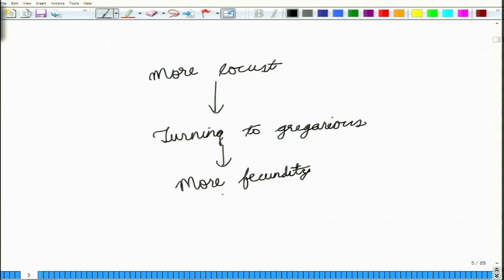Now, if you have more fecundity, that will again lead to more number of locusts, which will again lead to this formation of gregarious characteristics, which will further increase fecundity. So, basically once this phenomenon has started, it gives a positive feedback, and so the size of the population goes on increasing. So, you trigger this population once and then it will start to explode.